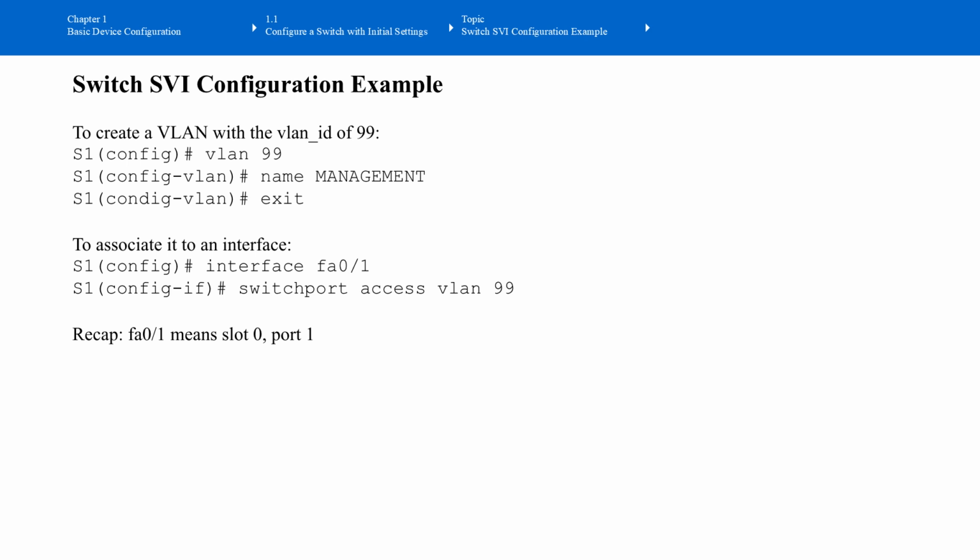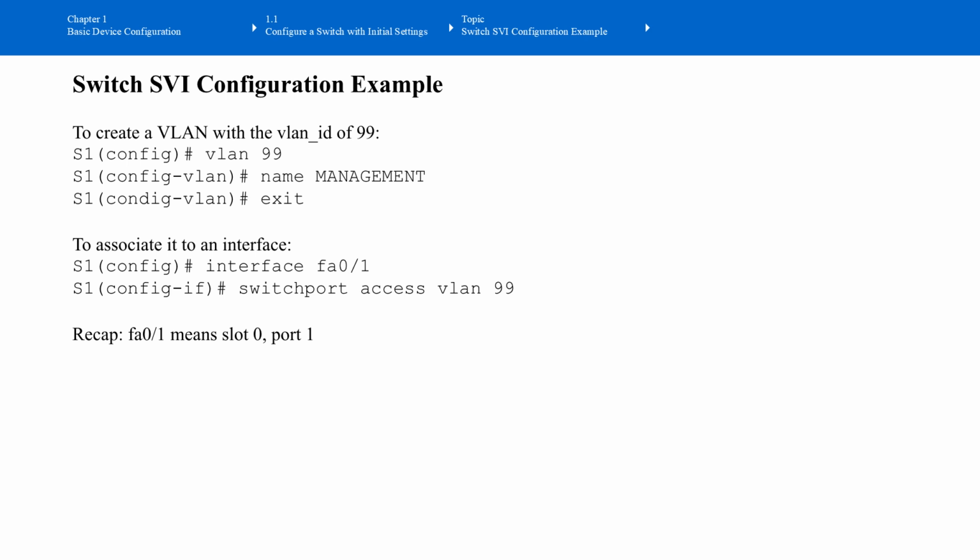And then we can also assign an interface to the VLAN. Here, we're going to assign FastEthernet port number 1 to VLAN 99. We are in the global configuration mode. We enter interface, followed by the interface name, FastEthernet 0/1. Now we enter into the interface configuration mode.